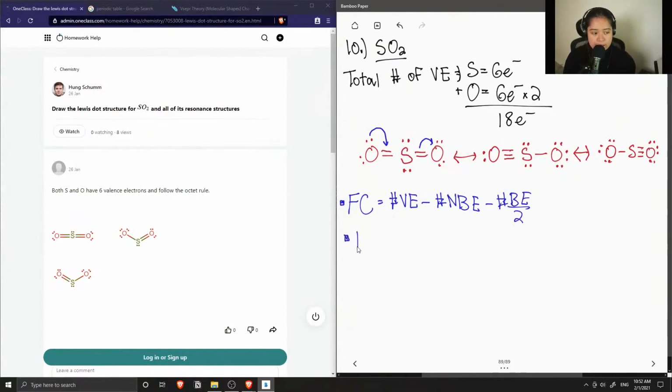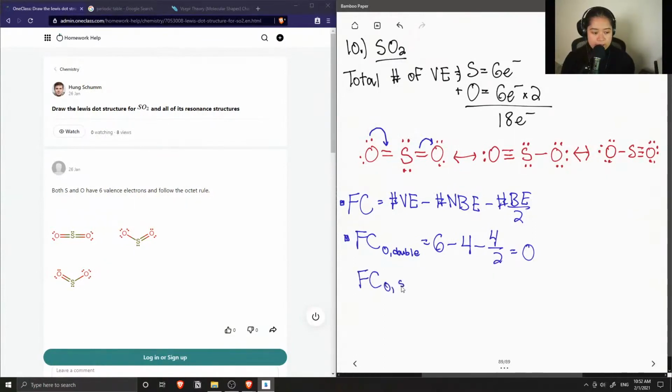So first, let's calculate the formal charge of an oxygen that has the double bond, like in the first structure. So oxygen has 6 valence electrons, and the double bonded oxygen has 4 non-bonding electrons, and there's 2 bonds to it, so we have 4 bonding electrons in total divided by 2. So a double bonded oxygen has a formal charge of 0.